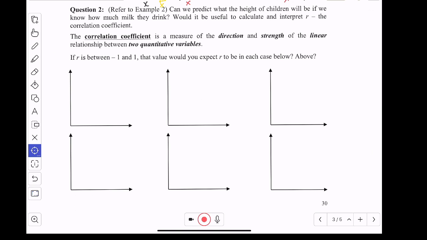Similarly, if there is a linear relationship between 2 quantitative variables, the correlation coefficient will tell you the direction and strength of that linear relationship. The R will always be between -1 and 1. 0 is an indication of no relationship.